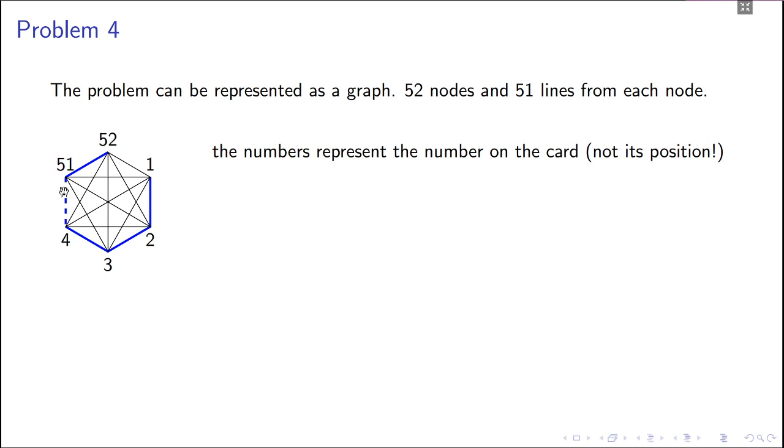So if those are the vertices, the problem becomes more difficult to solve. But if the vertices represent the numbers that are on the cards, then you know that you are interested in finding out where the outer shell is.